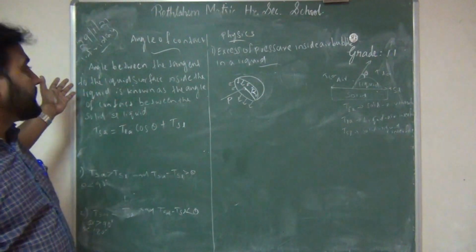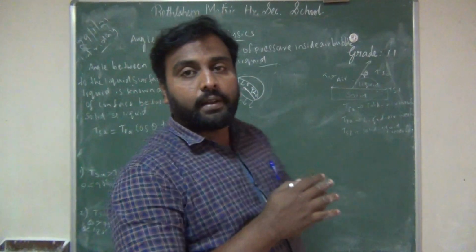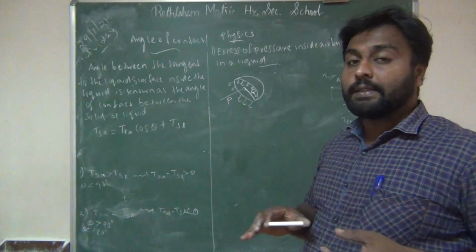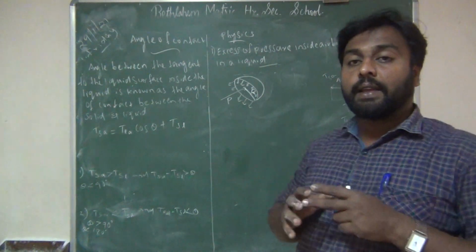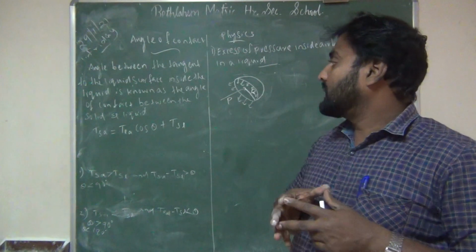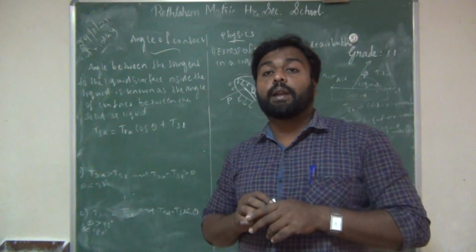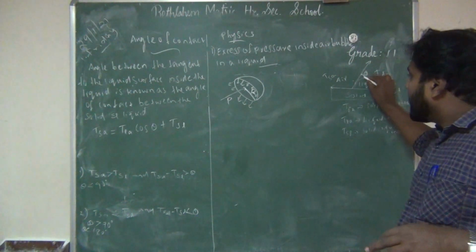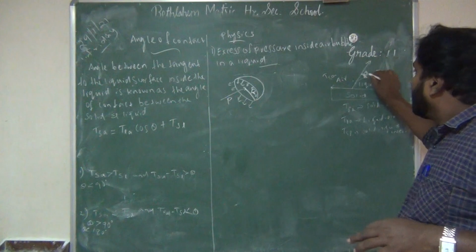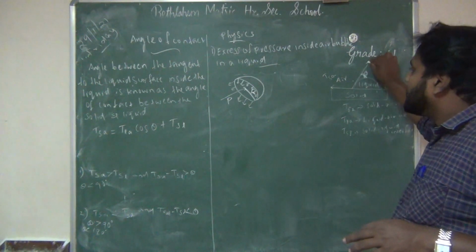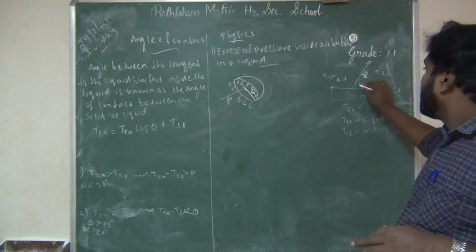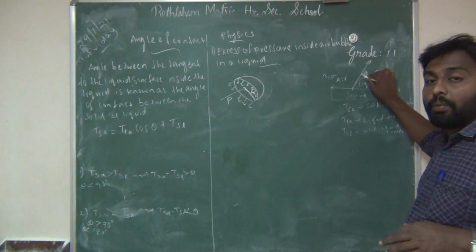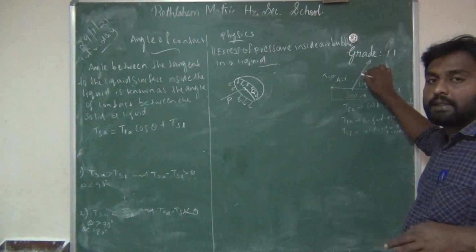So you can see the definition here. The angle between the tangent to the liquid surface, inside the liquid, is known as the angle of contact between the solid and the liquid. You see, there is an angle inside this liquid. This is a line tangent to this liquid. So there is an angle forming between this liquid and this tangent line.